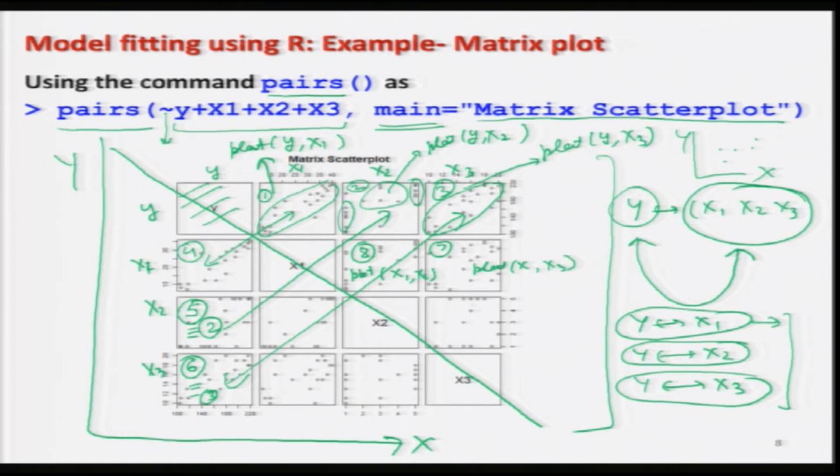And if you come to block number 3, this is a plot between x2 and x3. Although it is not our interest to look at the relationship among x1, x2, x3, because at this moment we are primarily interested in the relationship of y with respect to x1, x2, x3, still these 3 plots in blocks number 7, 8, 9 will give you information about the independence of the explanatory variables.